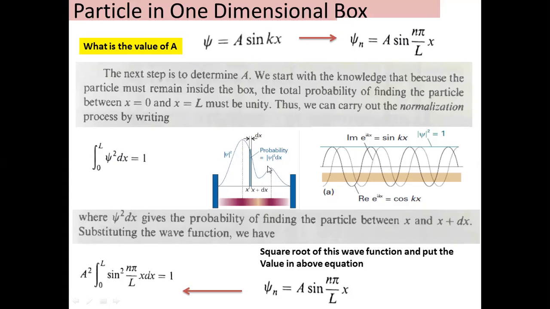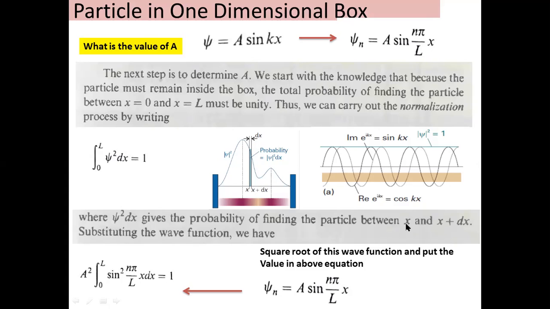And again, this is another probability of finding the particle over here. If you want to calculate the probability of finding the particle at any position, let's say we assume this is the x, and the change in x is called dx.